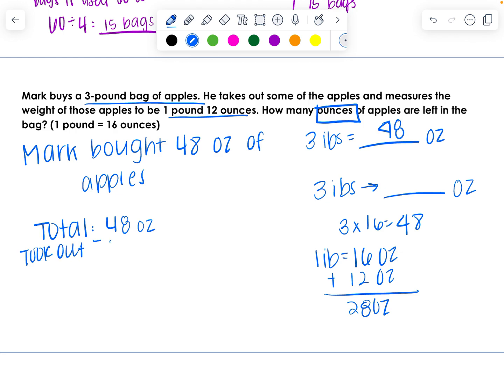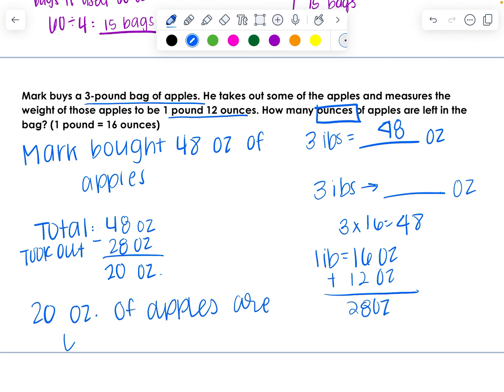So he took out 28 ounces. How many ounces are left in the bag? 20 ounces. So 20 ounces of apples are left in the bag.